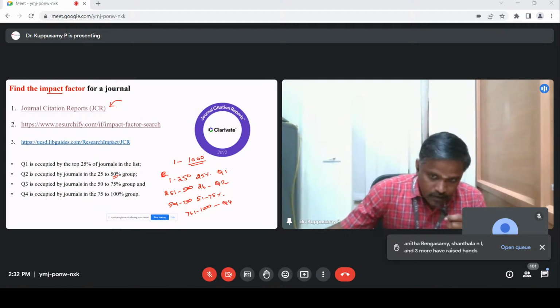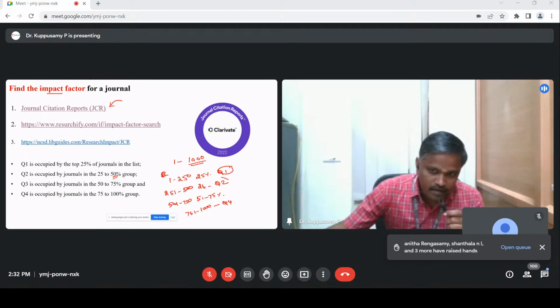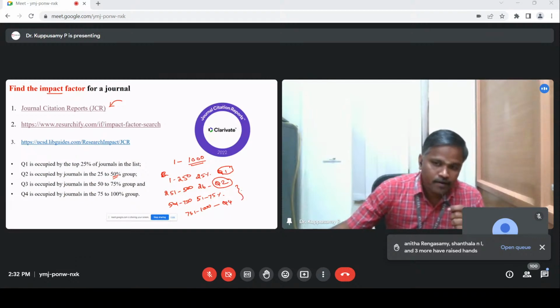So here Q1 journals will have more impact factor than Q2, and Q3 and Q4 are having less importance or impact factor than Q1 and Q2.